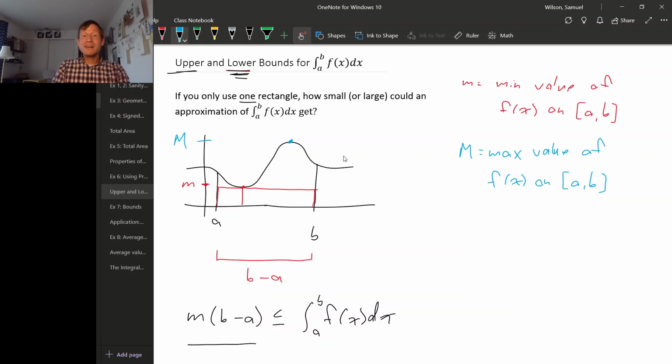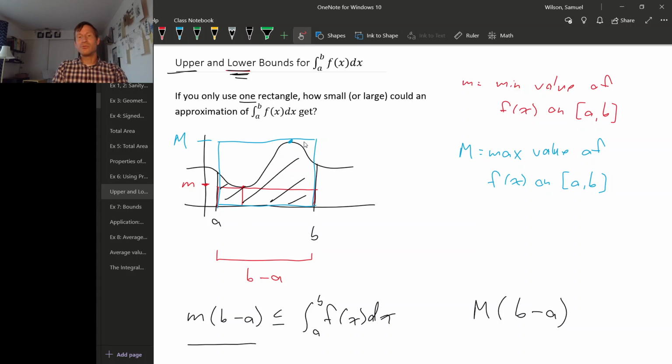And if we use this maximum value for the height of our rectangle, that gives us this blue rectangle. The area of this blue rectangle is the height, capital M, times the width, b minus a. And if you look at the region that we started with, the black region down here, it fits completely within this blue rectangle.